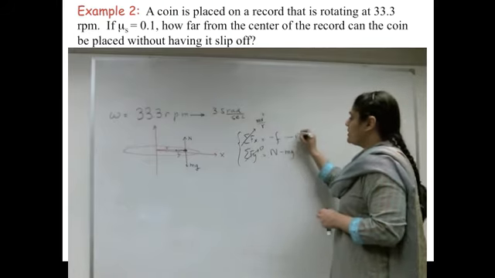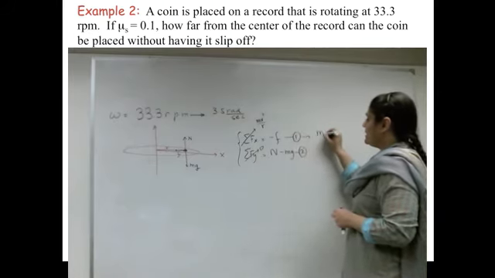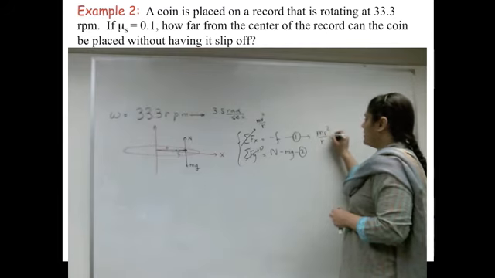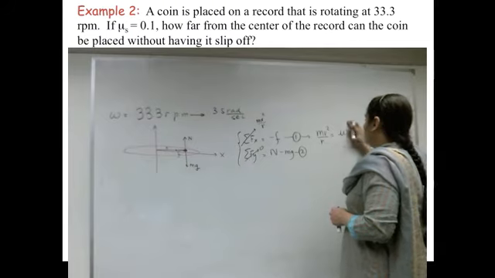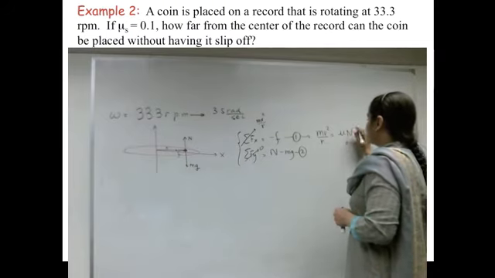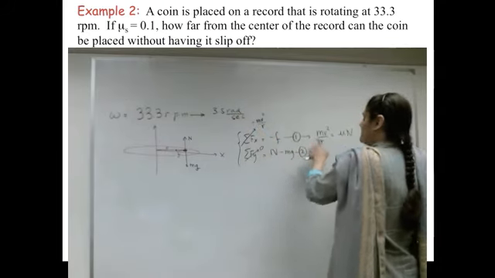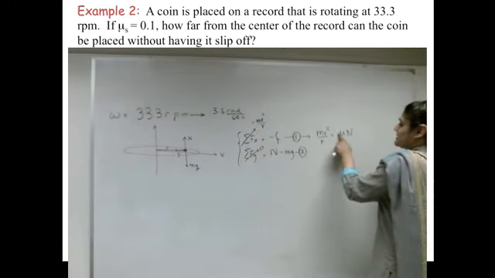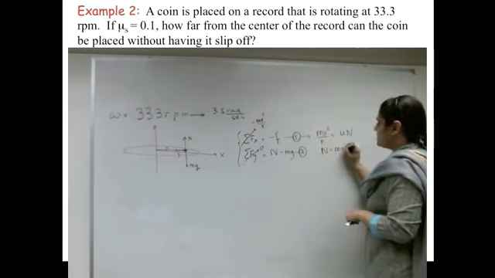So from equation 1 and equation 2, I get m v squared over r equals mu N. Note I'm skipping a few steps. This is now also going to be minus, so minus gets cancelled with minus, and I come up with this as an answer. And N equals mg.